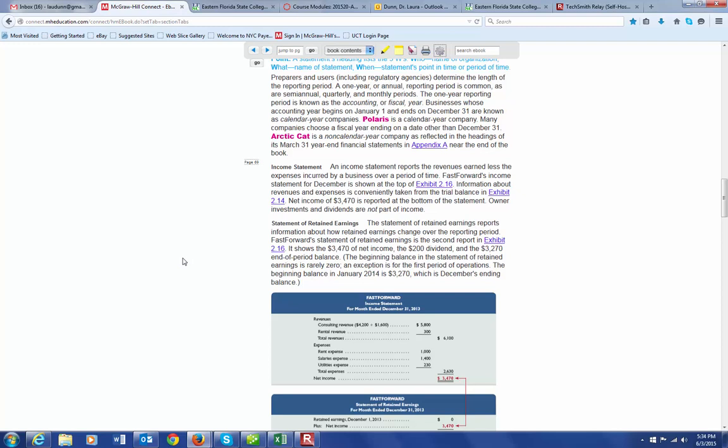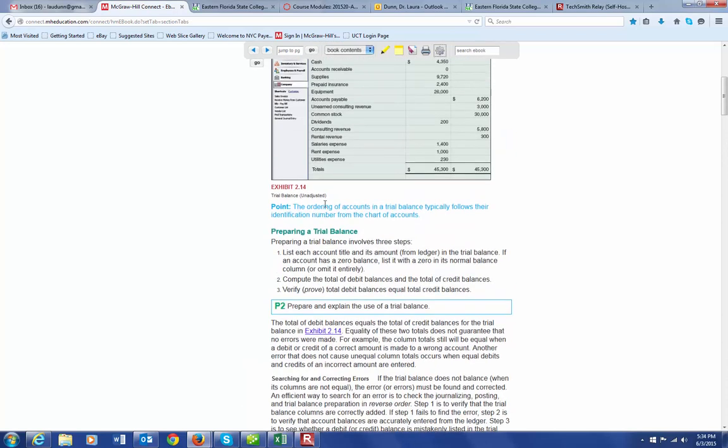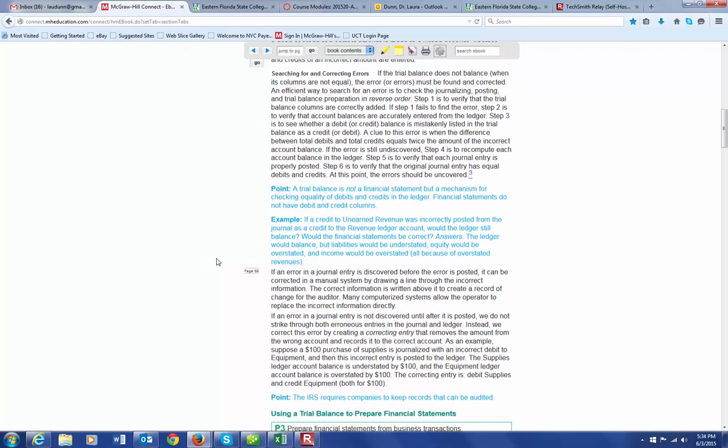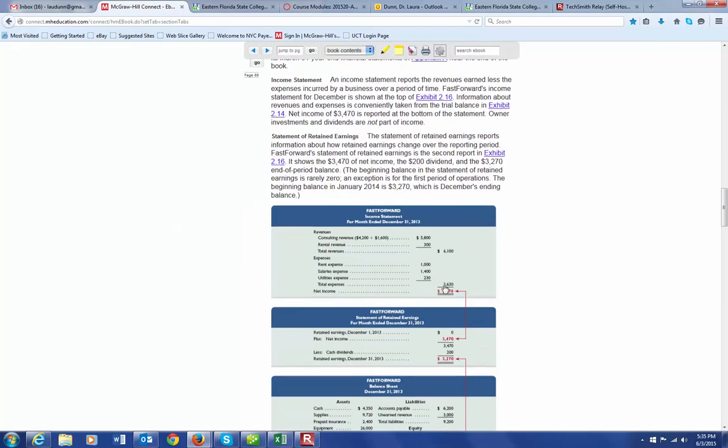So from that trial balance, you can look at it and you can pull out your revenue accounts, which were your consulting revenue and rental revenue, and then your expense accounts, which you have 3 of them here. And you would do your income statement based on here's the revenues, total revenue, and then here's your expenses. There's 3 accounts, total expenses, and then the net income is revenue minus expenses.